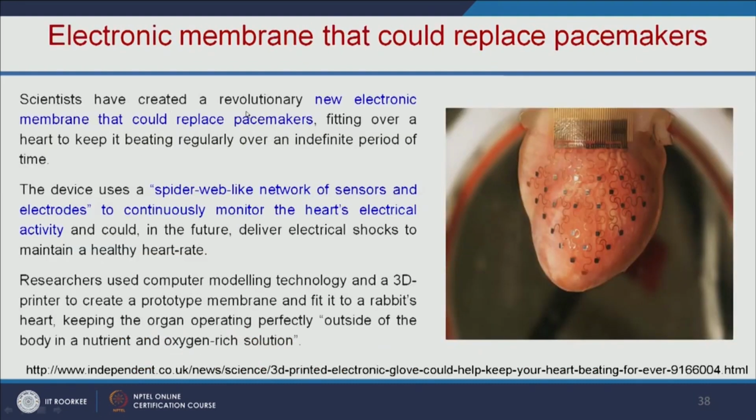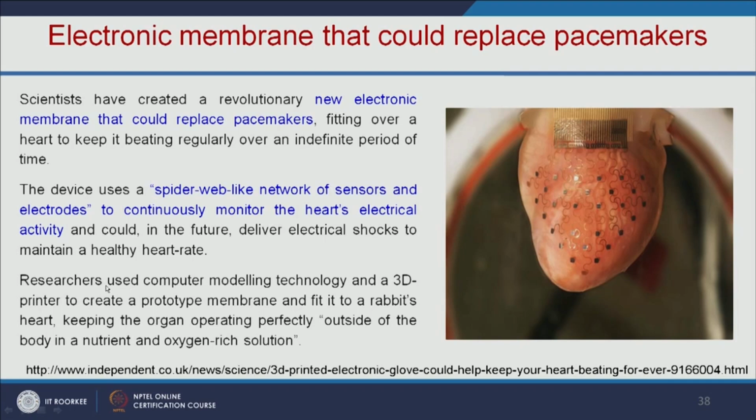Here the scientists have created a new electronic membrane that could replace pacemakers. They made the membrane using a spider web like network of sensors and electrodes, which will continuously monitor the heart's electrical activity, and in future it could deliver electrical shocks to maintain a healthy heart rate.